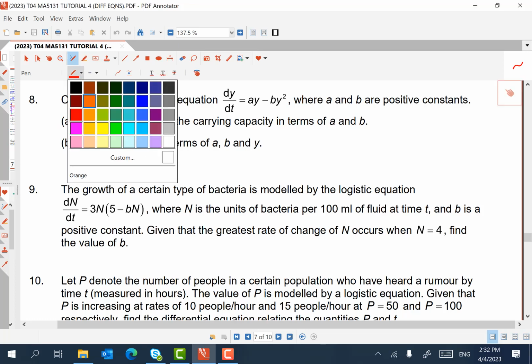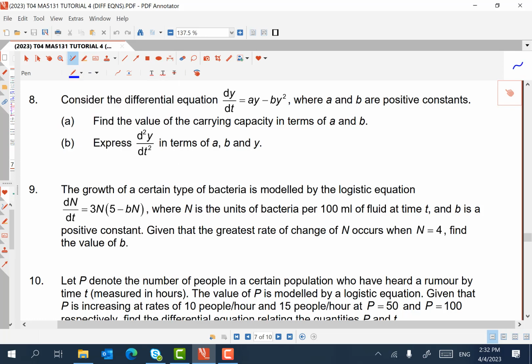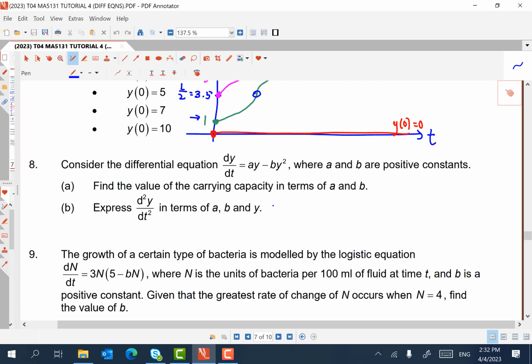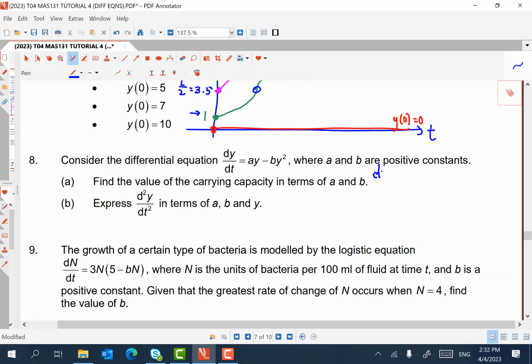For number 8, in order to work out the carrying capacity, we want to rewrite our DE as dy/dt equals k times (L minus y) times y, right? You remember the form. So now we want to rewrite our equation into that form.